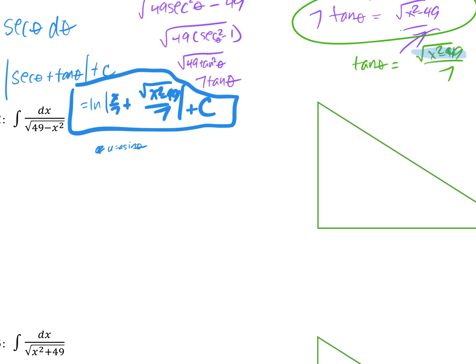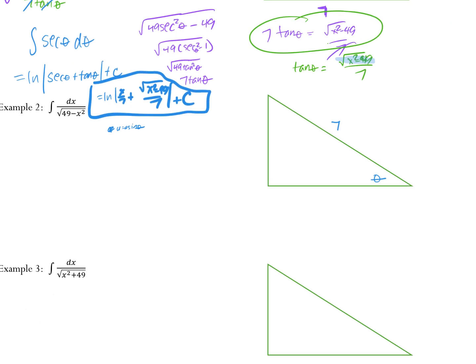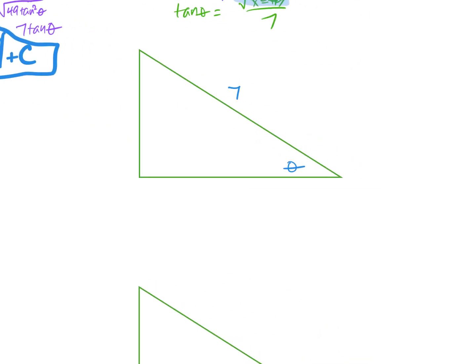What's something I absolutely know? 7. Is everybody good? And I want to write this, and here's my theta. I'm always going to put my theta down here, but I need to rewrite this. I'm going to ignore this so that you guys can't see my reasoning, so I'm not cheating.